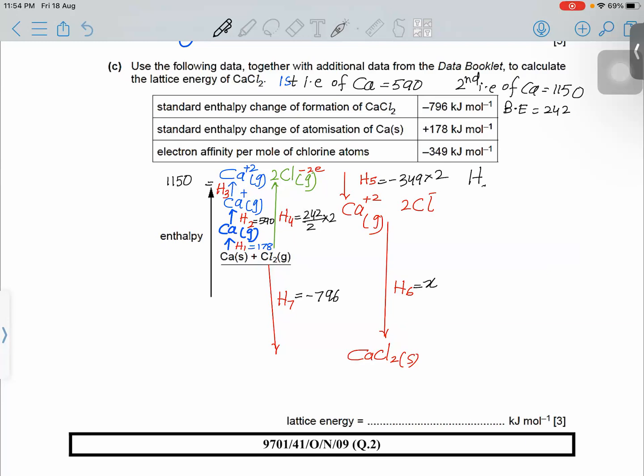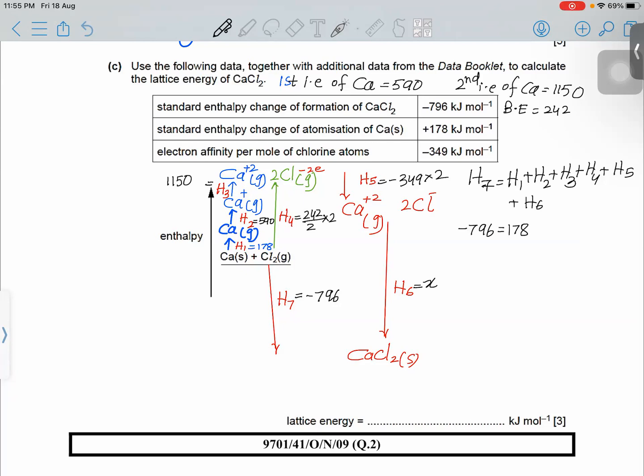Can you tell me the formula? H7 is equal to H1 plus H2 plus H3, 4, 5, plus H6. Now H7 is minus 796.